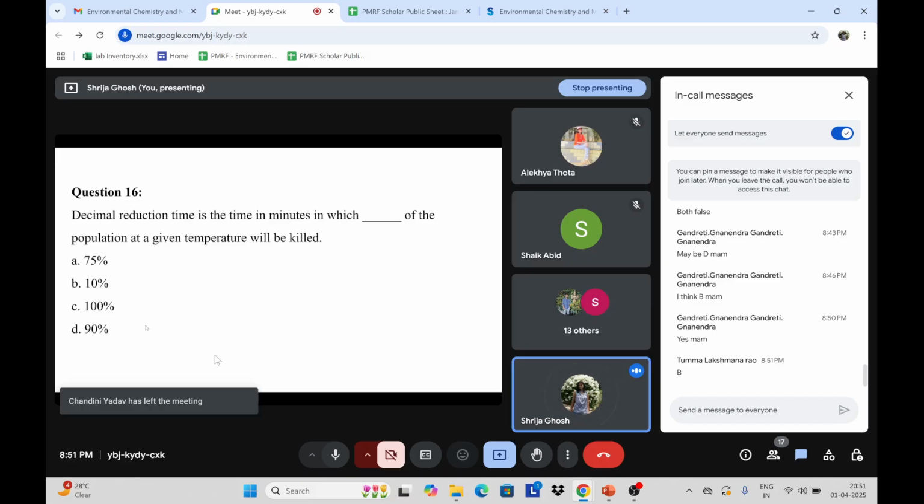Okay. I have one answer, option B, that is 10%. Okay. What about others? Pay attention to the question. Decimal reduction time is the time in minutes in which dash of the population at a given temperature will be killed. Okay. So you have to tell the percentage of population that will be killed, not the percentage of population that will survive.